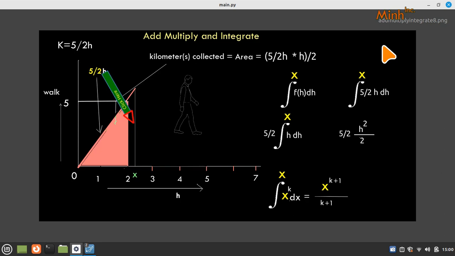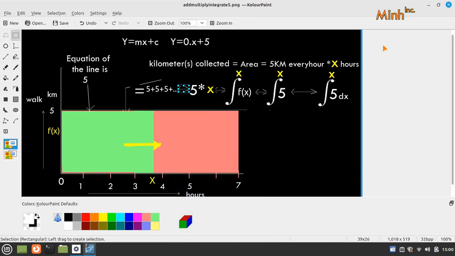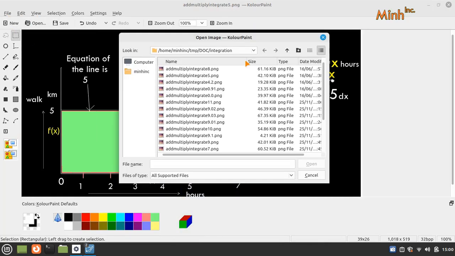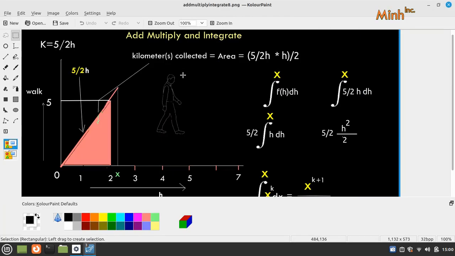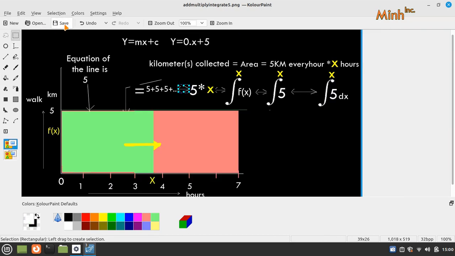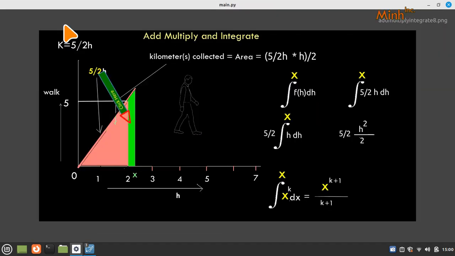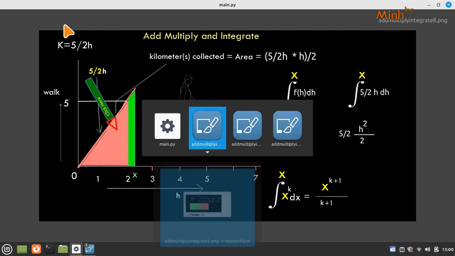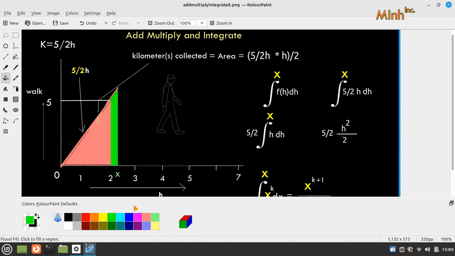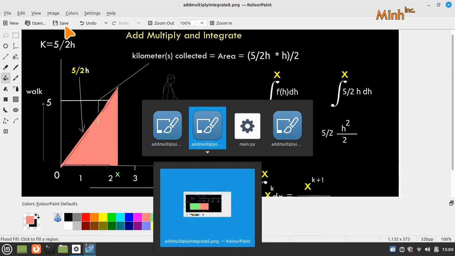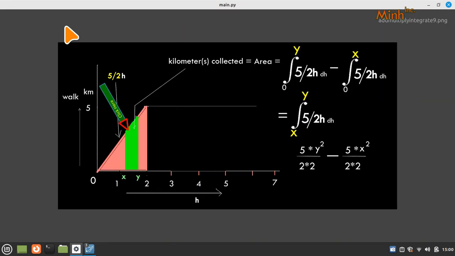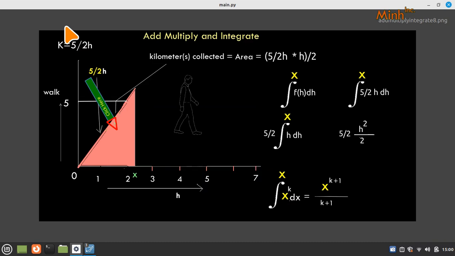That would lead to a bigger area that he has travelled in x hours.